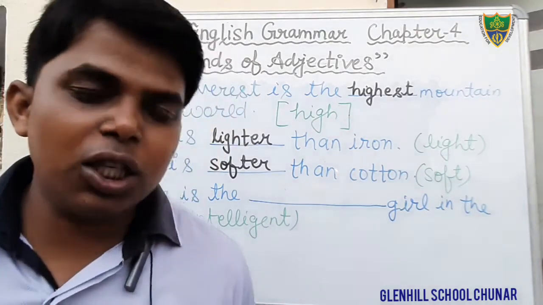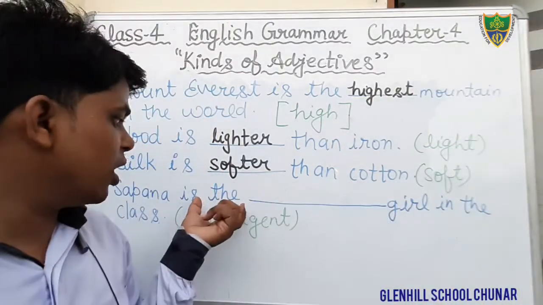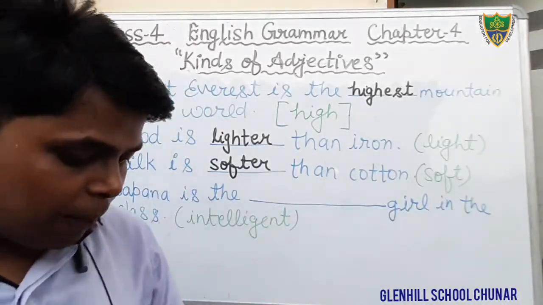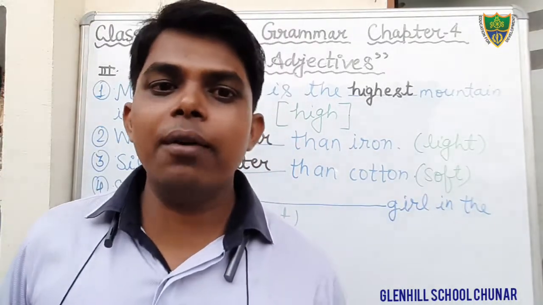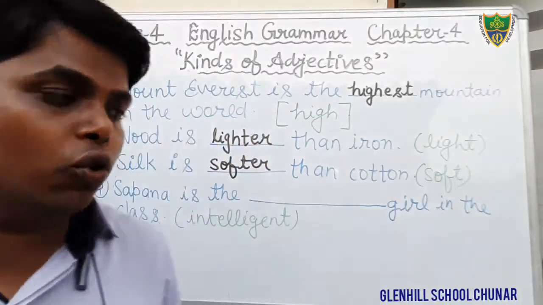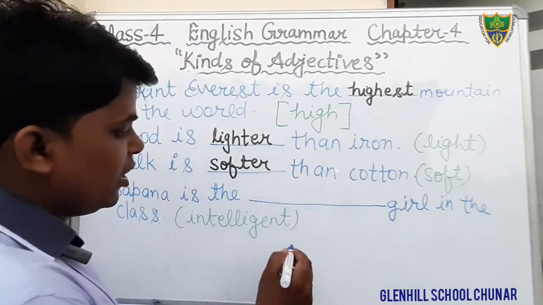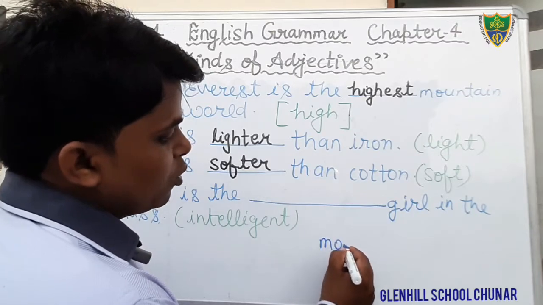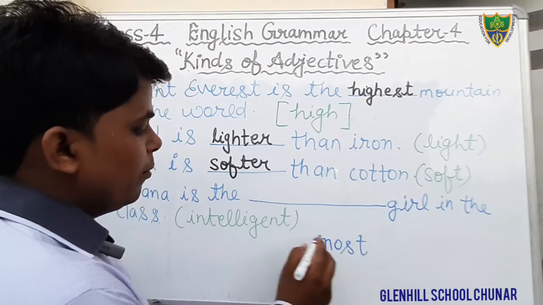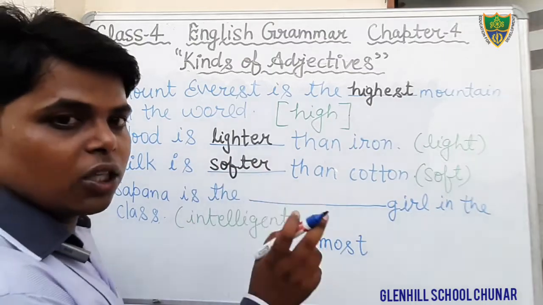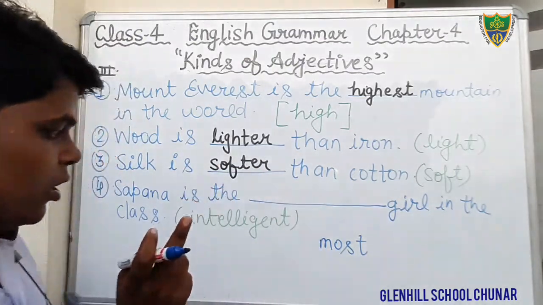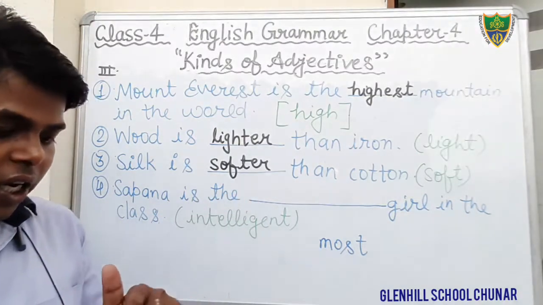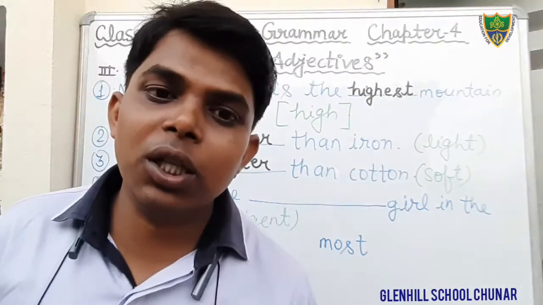Okay, students, just see here. Here we have to make the superlative degree, because here we are getting the article "the", and I have told you that sometimes in superlative degree we do not add "est". We cannot say "intelligentest". Sometimes we add "most" before the positive degree to make the superlative form of the adjective. So here "Sapna is the" is already written, it means we have to fill the superlative degree.